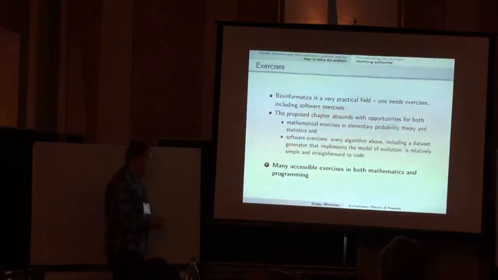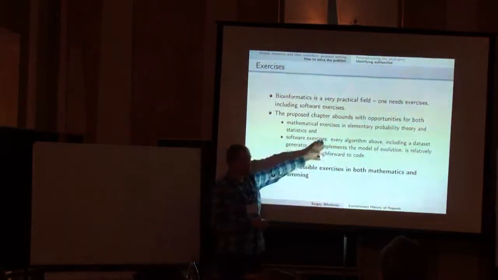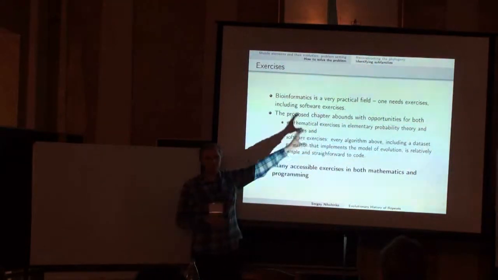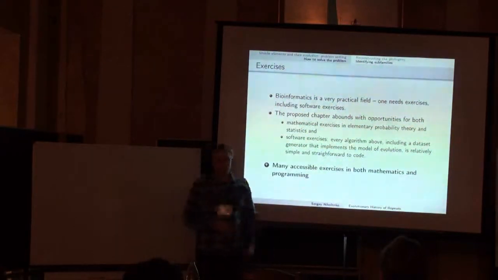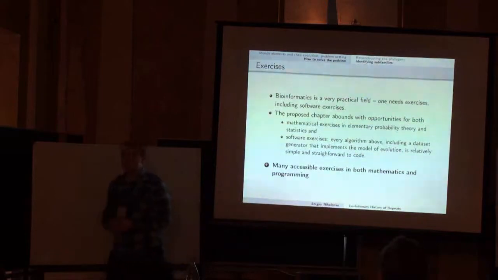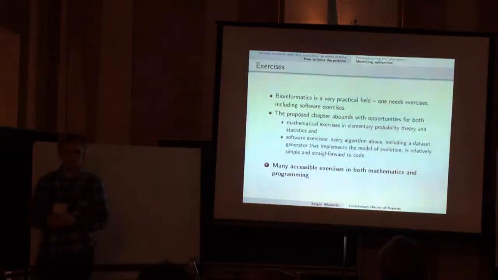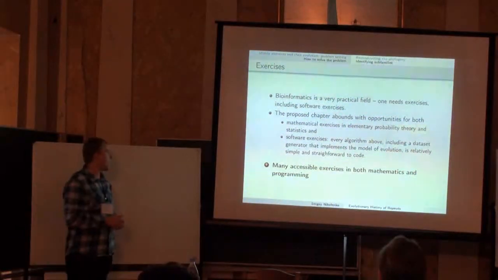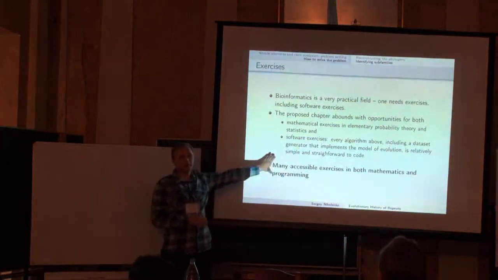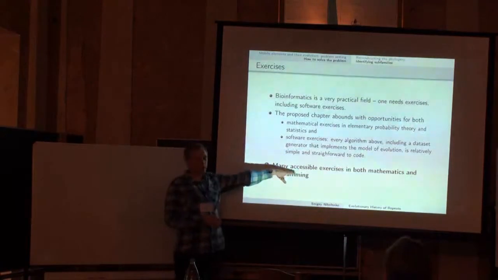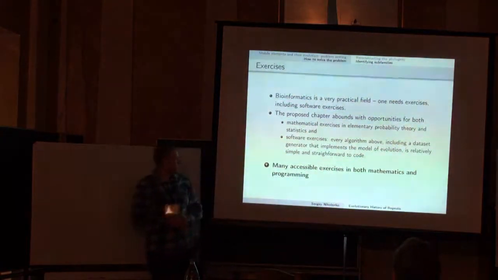And second, basically, every single algorithm that I have briefly described in a hand-wavy way is actually very simple, and it can be made into a software engineering assignment for a student. So again, because the topic is rather simple, it provides many accessible exercises in both mathematics and programming.